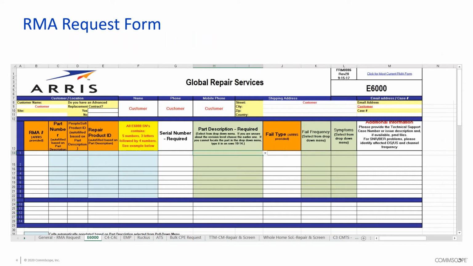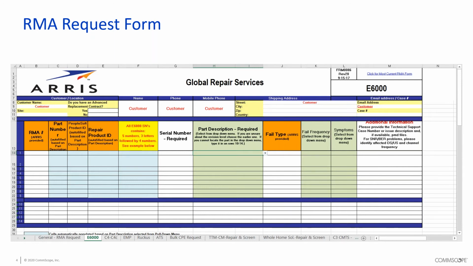Notice it is for the E6000, and it has a lot of drop-down menus where you can select different things. You are going to need certain information about the E6000, specifically the serial number of the part in question. We're going to look at how you can gather that information inside the CLI in just a moment.